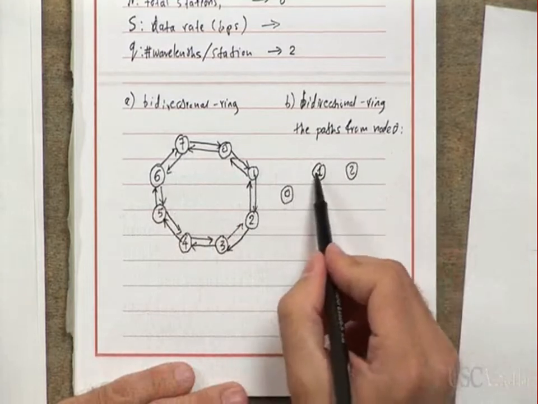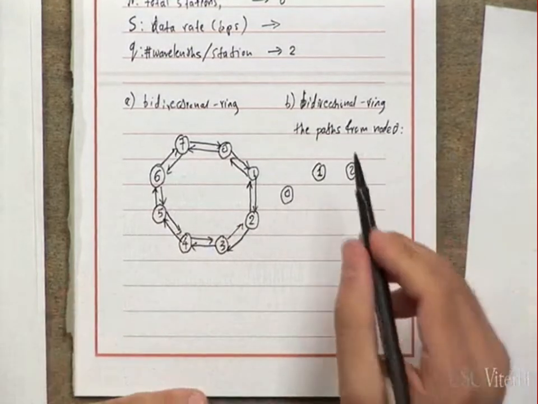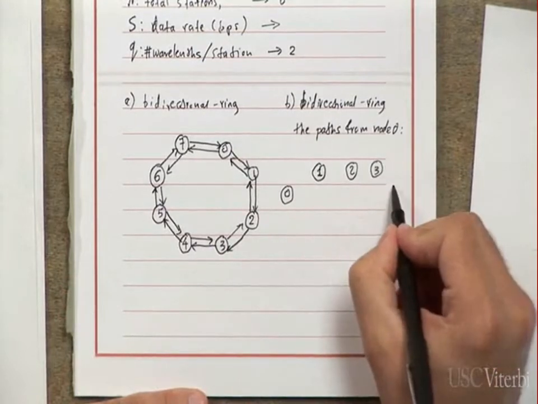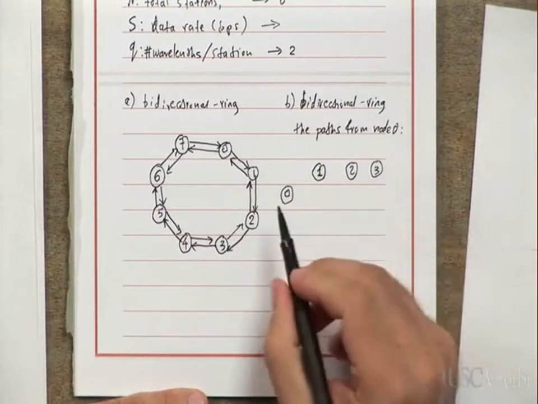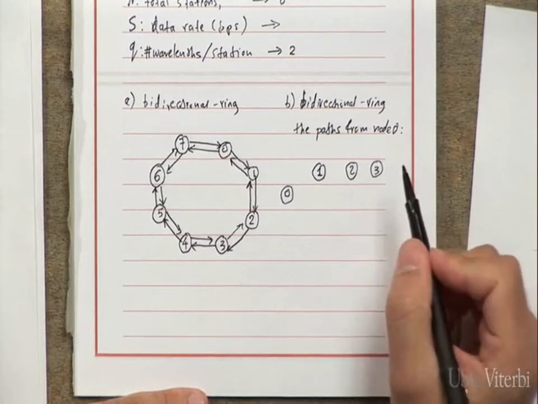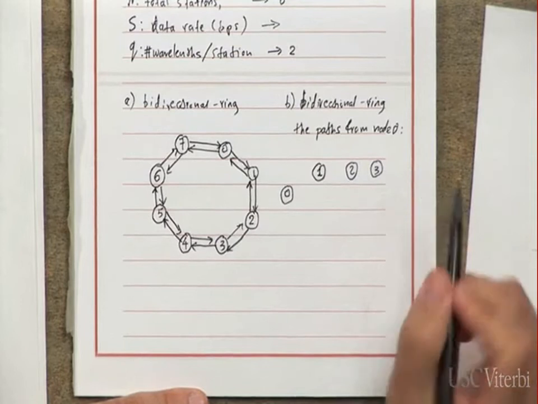If we want to go to 1, we just stop at 1. If we want to go to 4, we'll go to 4.